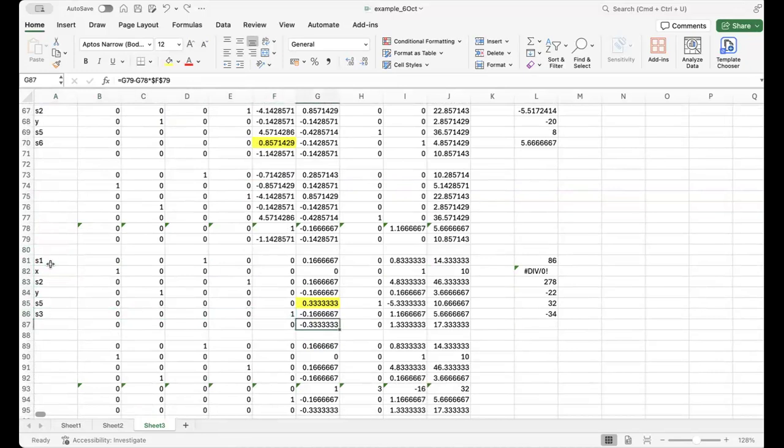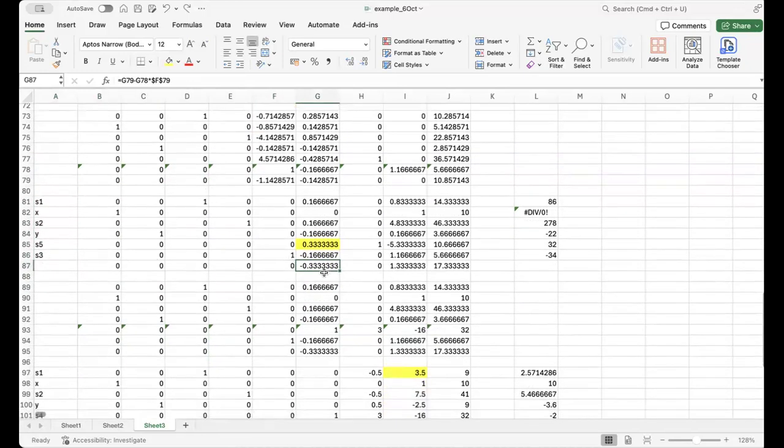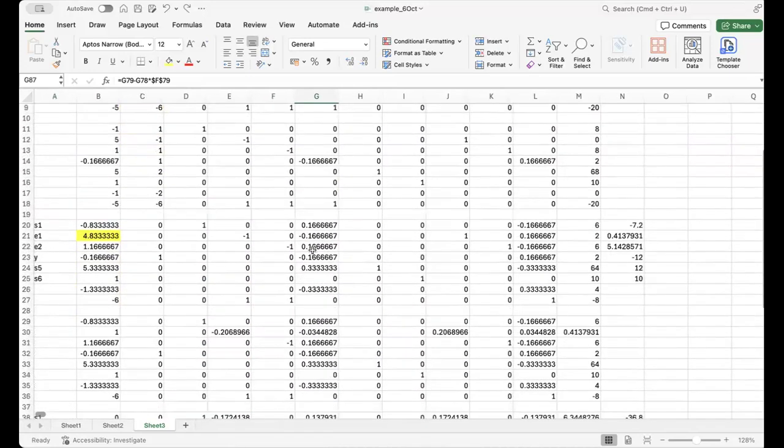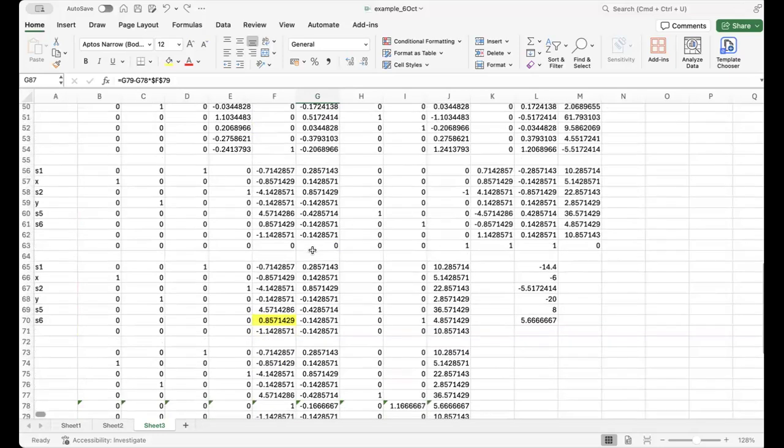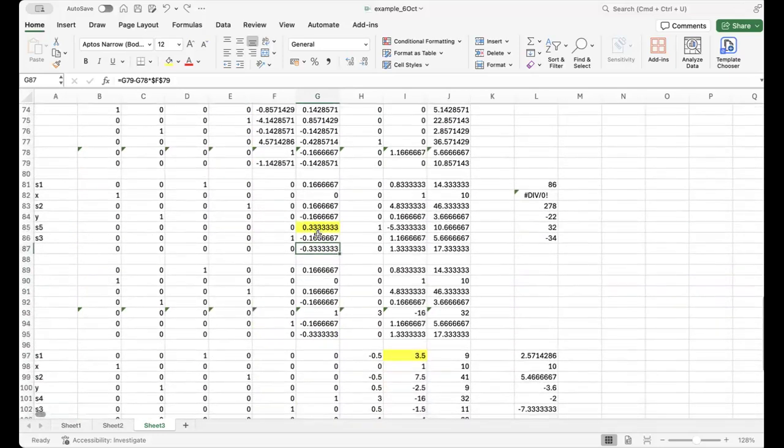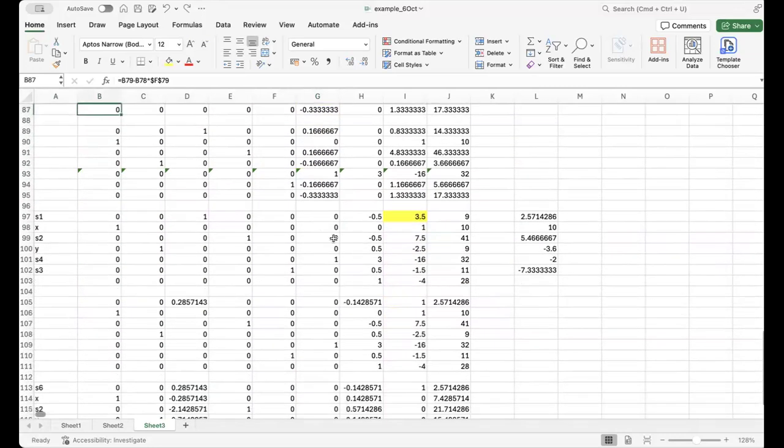We still have negative coefficient here. Now we introduce S4 as our basic variable, and we remove S5. So the next round, we have this table.